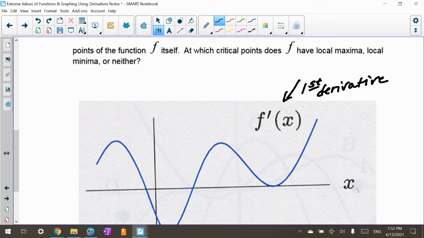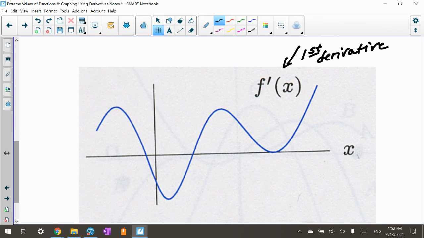So here, when we sketched our first derivative, right here are our critical points. Because remember, where f prime of x is equal to 0 are all our critical points of our original function. So right here, I have a critical point, and a critical point.